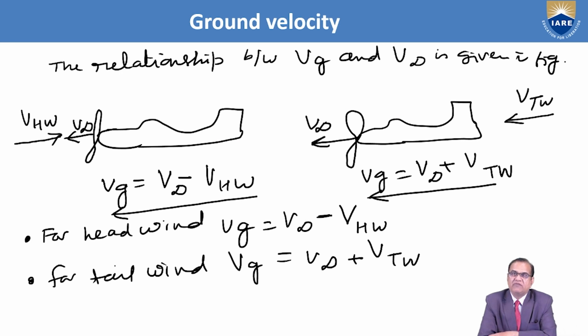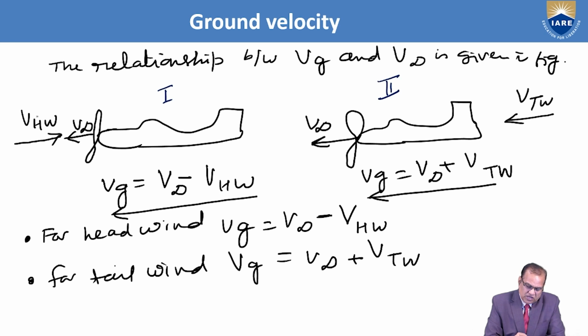Now we will discuss the ground velocity. What is the ground velocity? The relationship between Vg, the ground velocity, and V infinity is given in this figure. In figure 1 and figure 2 you have different cases.